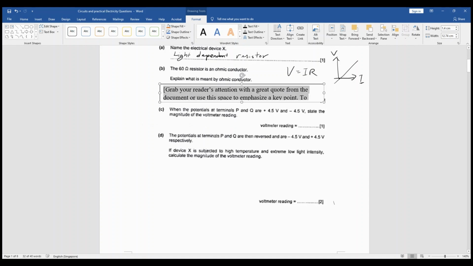Okay, it's just one more question now. So basically it's just the definition. The potential difference across the device is directly proportional to the current flowing through the device, provided temperature is constant.